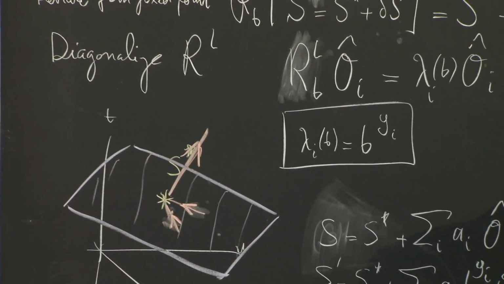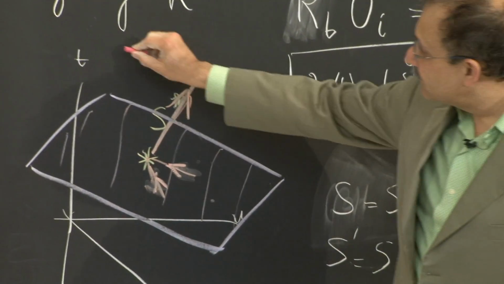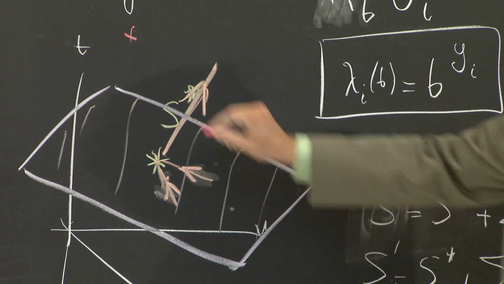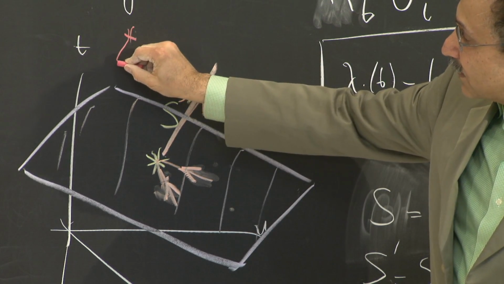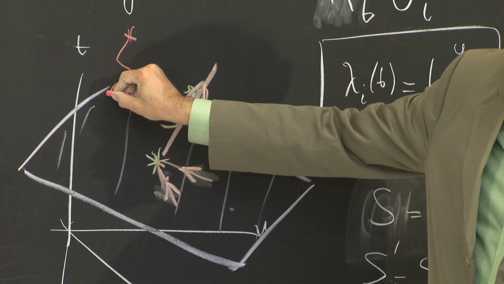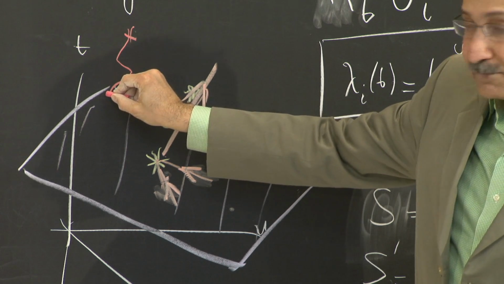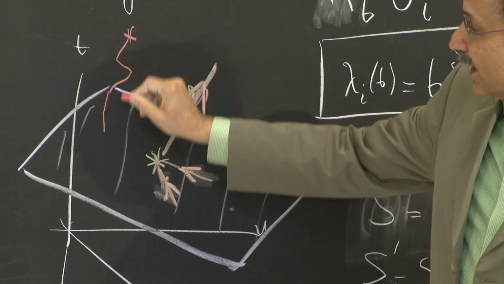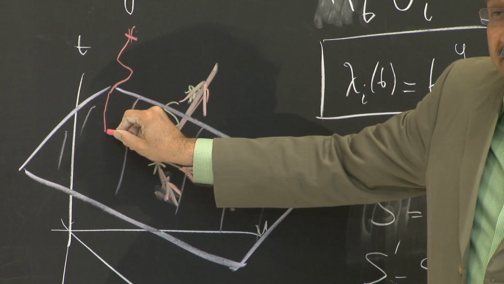Pick some color that we don't have. All right, let's say over here. And I change the temperature, and I will take some trajectory in this case, three-dimensional space.